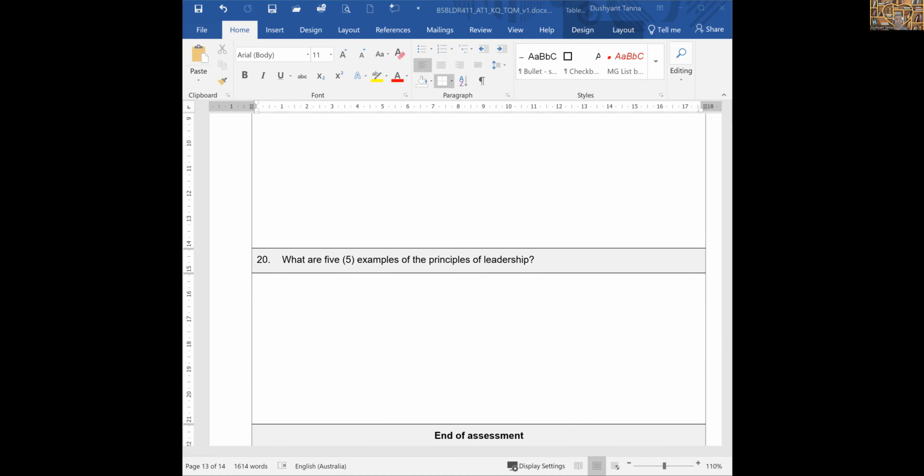And one last one. What are 5 examples of principles of leadership? Number 1, they lead by example. Focus on change. Okay, maybe me writing will help. Lead by example. Focus on the change. Promote diversity.